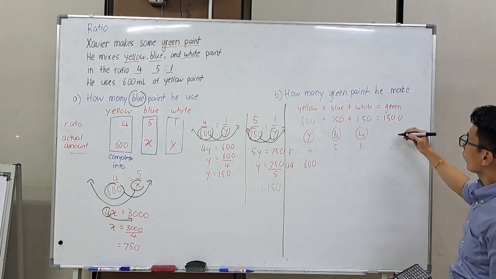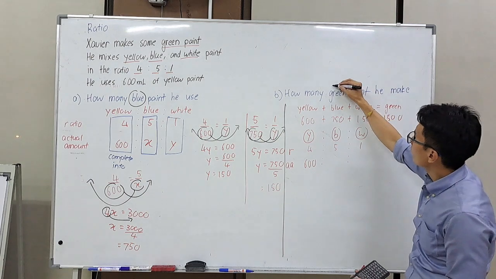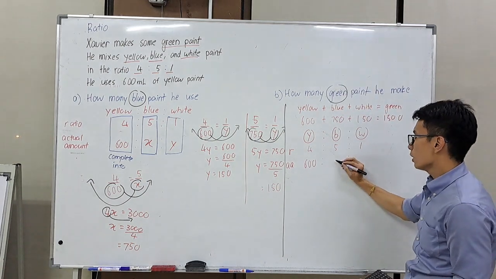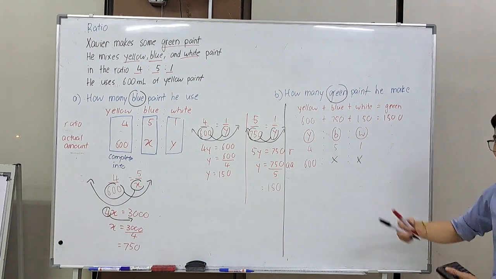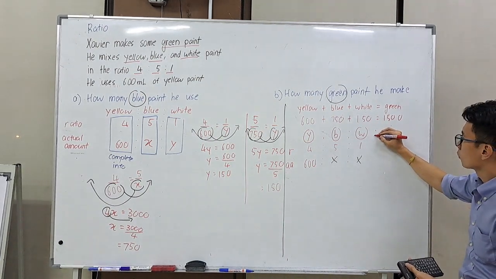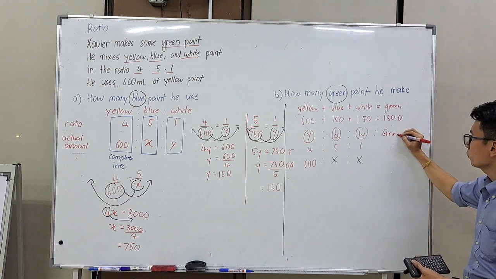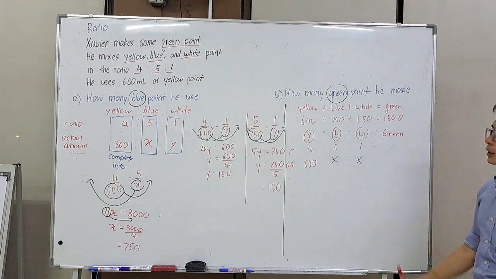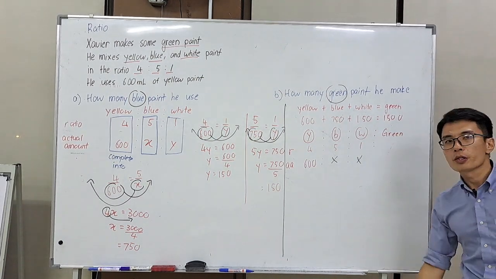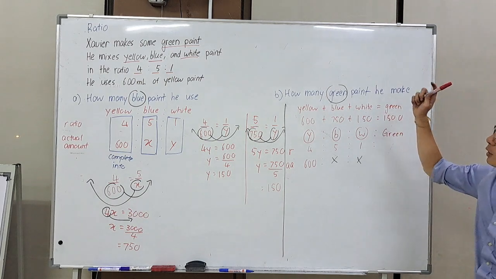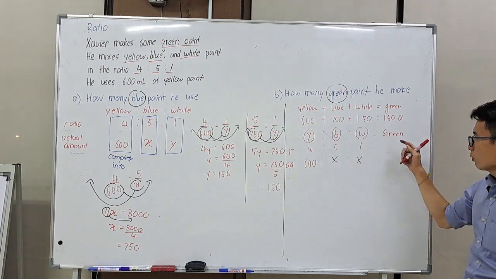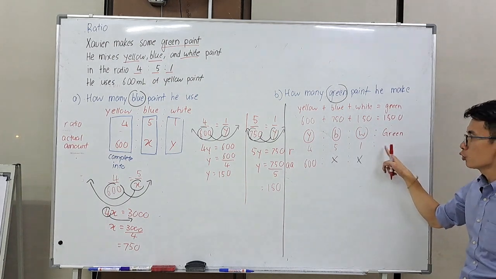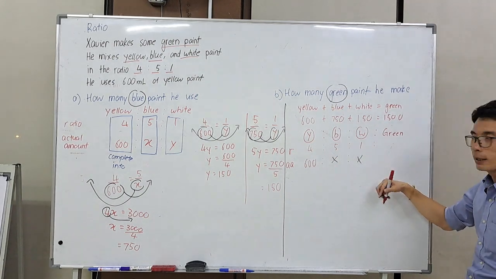Again, because I want to know how many greens I want. So again, I don't care about this, I don't care about this, but you can add one more thing to your table. Green. Now think about this. What do you think is my ratio of green? Right? Because based on the question, green is made up of yellow, blue, and white. So basically, my ratio is supposed to be all these numbers added up together, right?